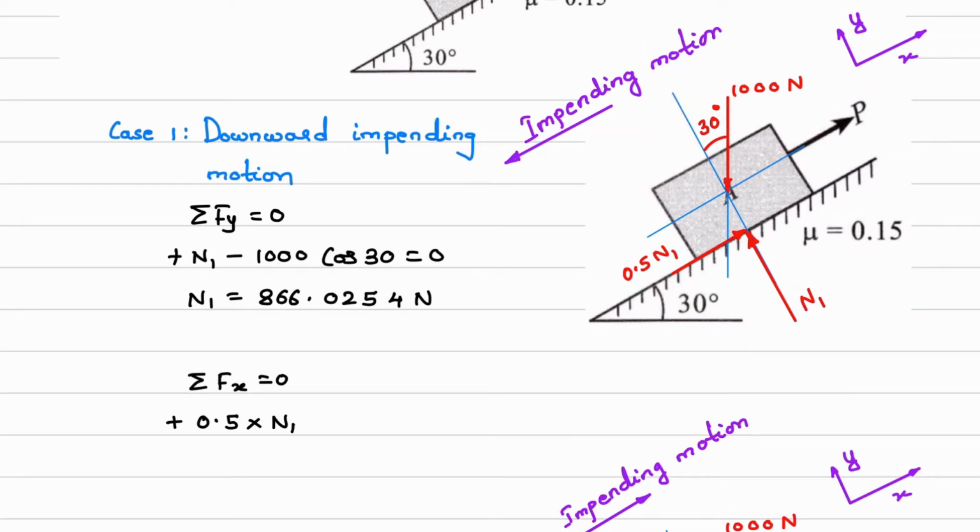So I'll write down plus 0.15 N1 plus P minus 1000 sine 30 equal to 0. So from here we can calculate P, which is equal to 370.09 Newton.